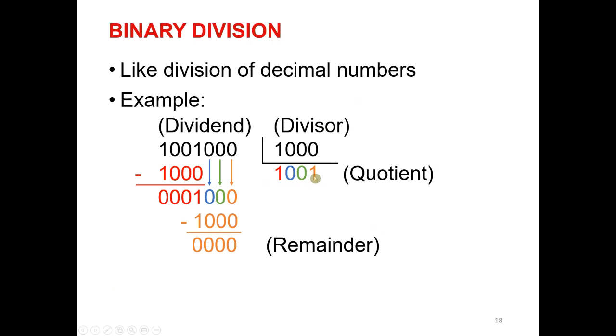Again, for checking this result, we can just use the decimal operation to check that it's correct. If you see, in the multiplication we were just using add, and in the division we are just using subtract.